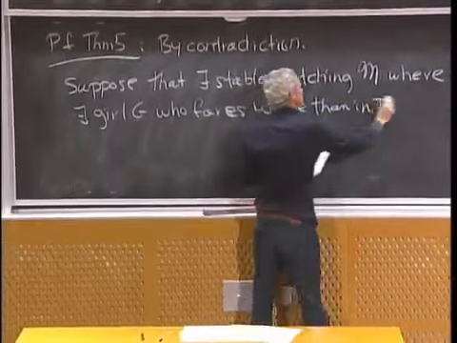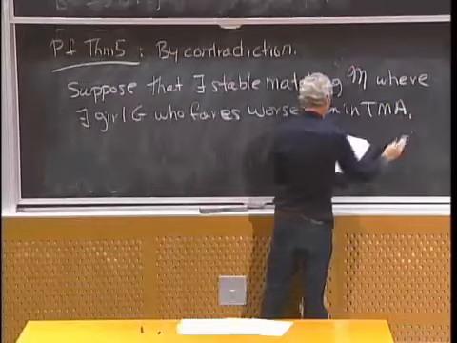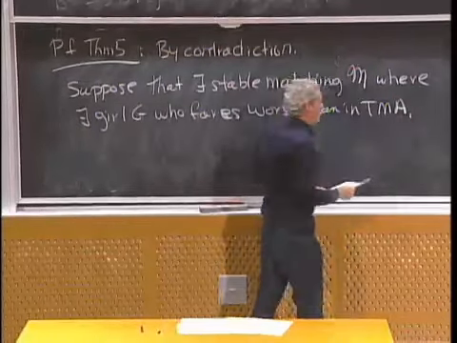I want to show that results in a contradiction. All right, and the proof is pretty simple. It's just a simple picture. So G did worse in M than in TMA.